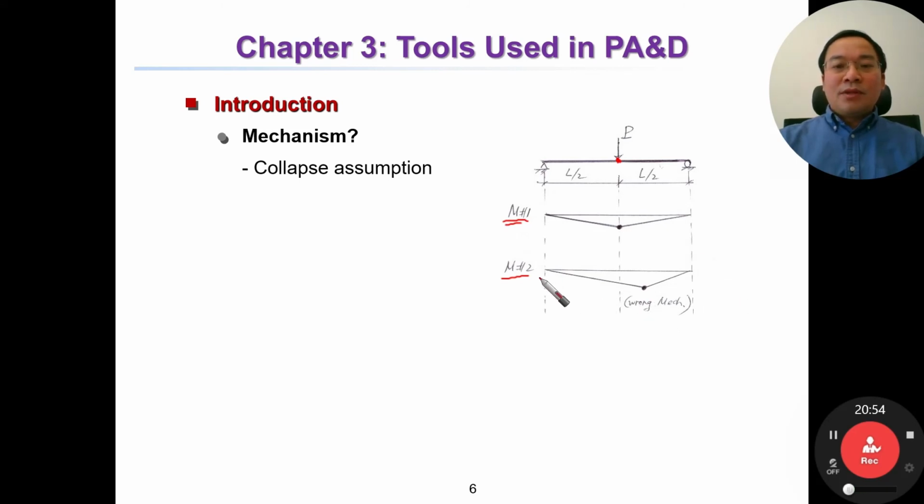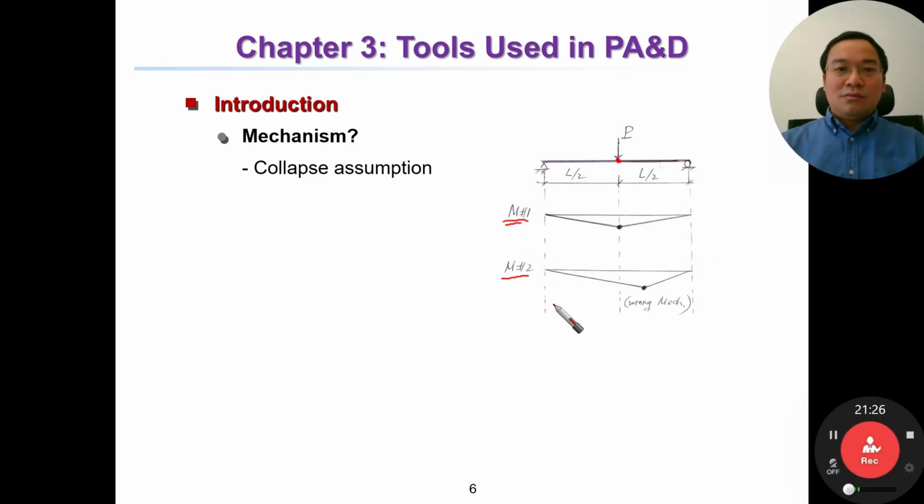But in concept, you can assume different mechanisms. In a complicated problem like a frame, sometimes we cannot determine the correct mechanism. That's why different mechanisms are important.